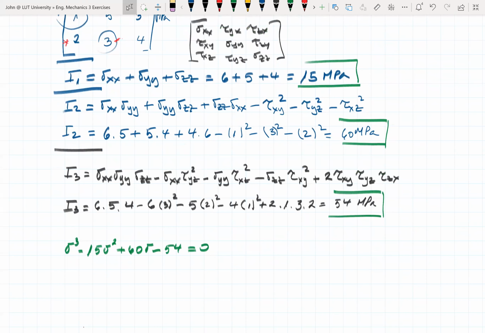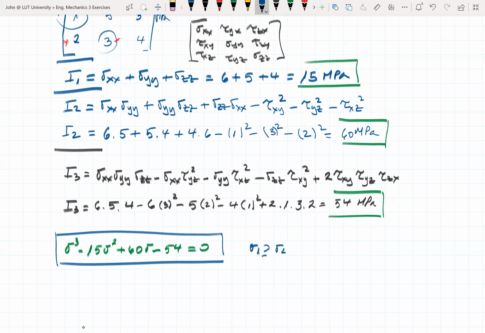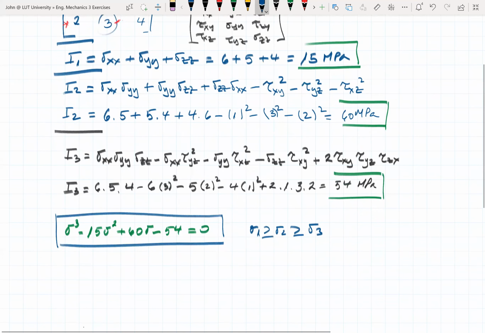By plugging this equation into a calculator with the possibility to solve polynomial roots, you're going to find that the solutions to this equation are in the order sigma 1 bigger than sigma 2 bigger than sigma 3.